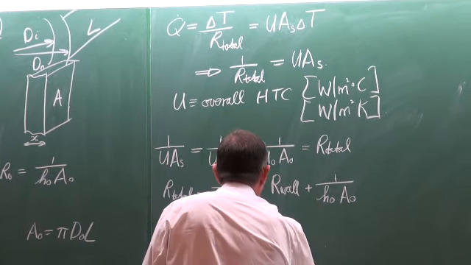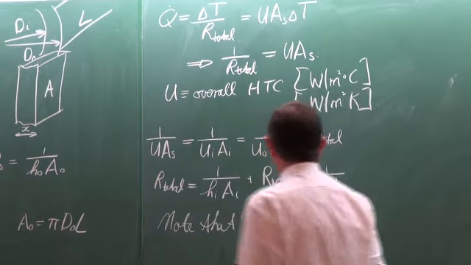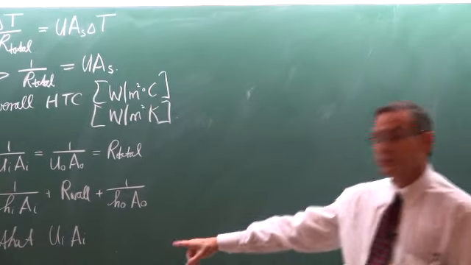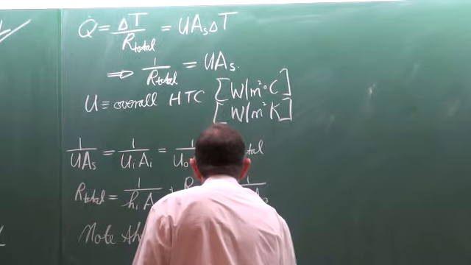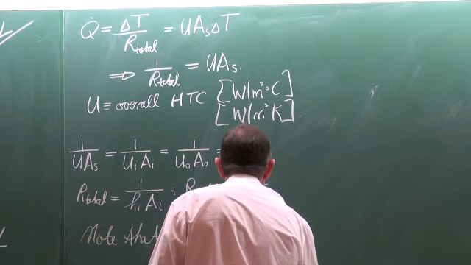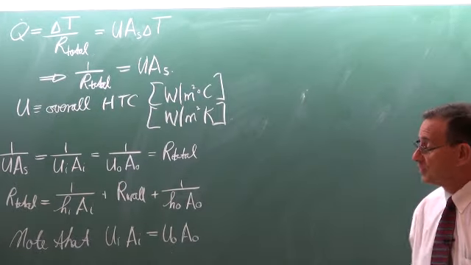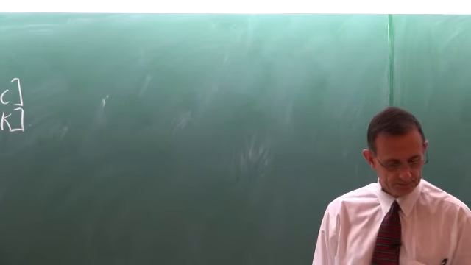So note that the product of the overall heat transfer coefficient multiplied by the area on the inside is equal to the overall heat transfer coefficient on the outside multiplied by the area on the outside.